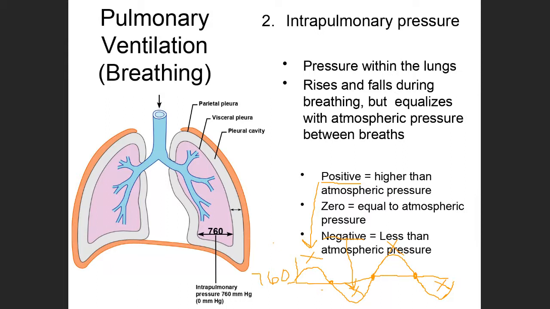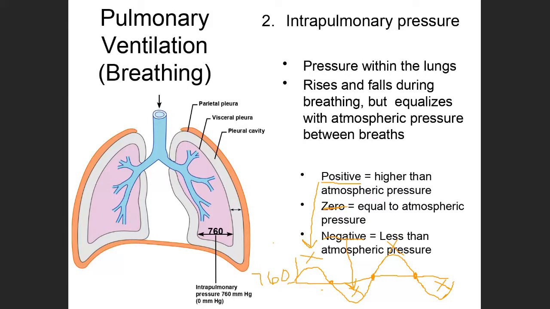That's going to happen when you're inhaling, when air is moving from the higher pressure atmospheric air into the lower pressure area within the lungs. In between times when we're inhaling and exhaling, the pressure is zero, which means it's equal to atmospheric pressure. I've drawn in these little dots where pressure in the lungs is equal with atmospheric pressure, and it's actually zero. This happens during the pause between breaths.